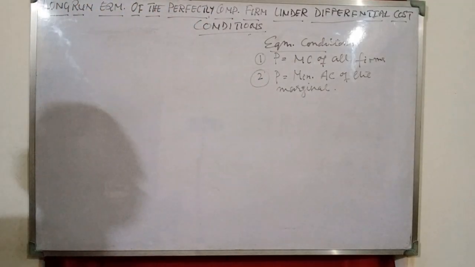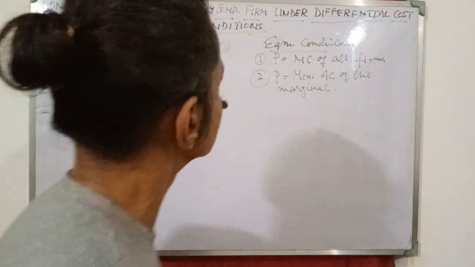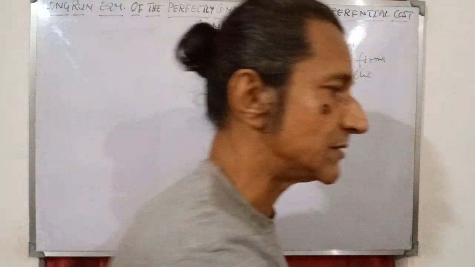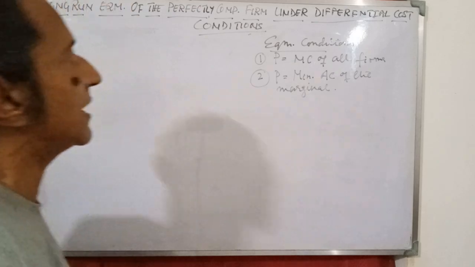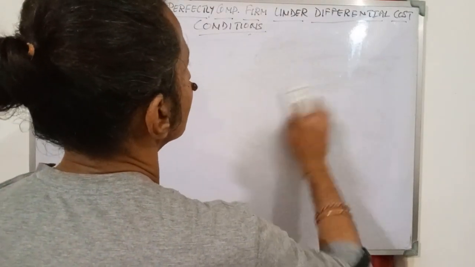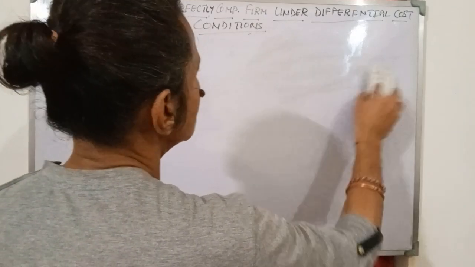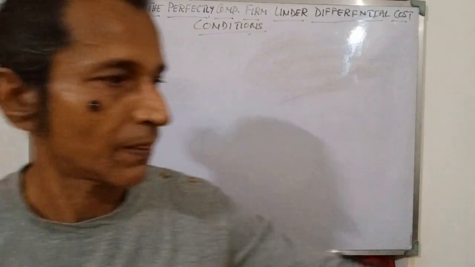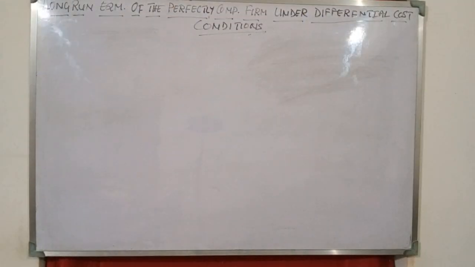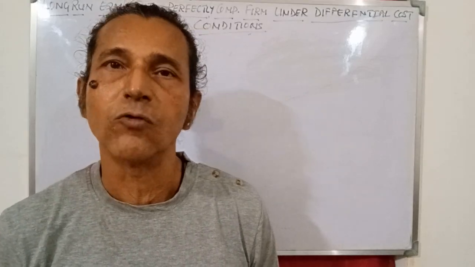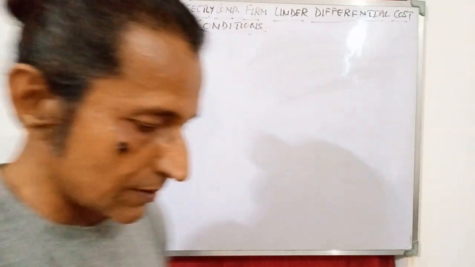Now I shall draw two diagrams, one for the intra-marginal firms and the other for the marginal firm. As I have said a few seconds back, marginal firm is that firm which first leaves the industry when price falls.